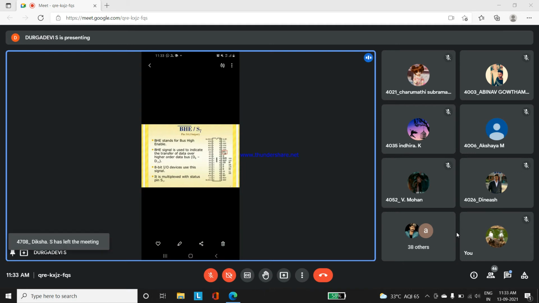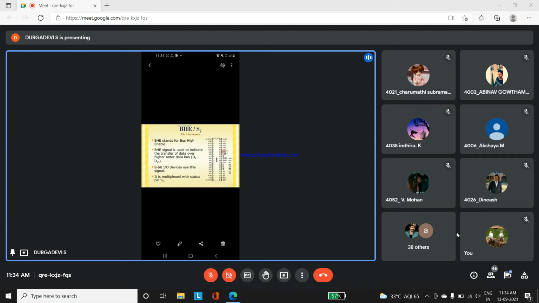Must see this. This is pin number 34. One more very important thing is every pin when you explain, you have to tell whether it is an input pin or output pin, whether it's active low or active high. What is the meaning? I'll tell you. See here, BHE is bus high enable.